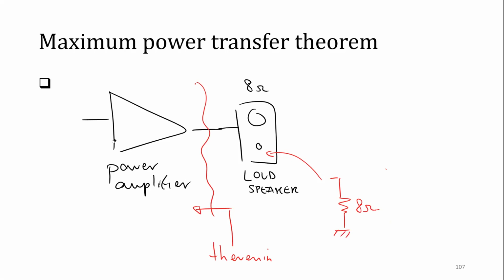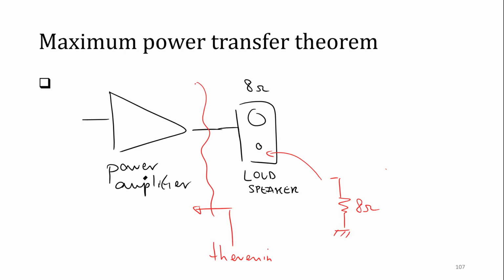So in this case, we need a driver, which most of the time, another way to call the driver is a power amplifier, okay? So we need to connect a power amplifier to give the energy to the loudspeaker in order that the loudspeaker creates a very loud sound. How do we model this from an electrical point of view? Again, this is a real situation. As I told you, the loudspeaker can be modeled as a resistance.